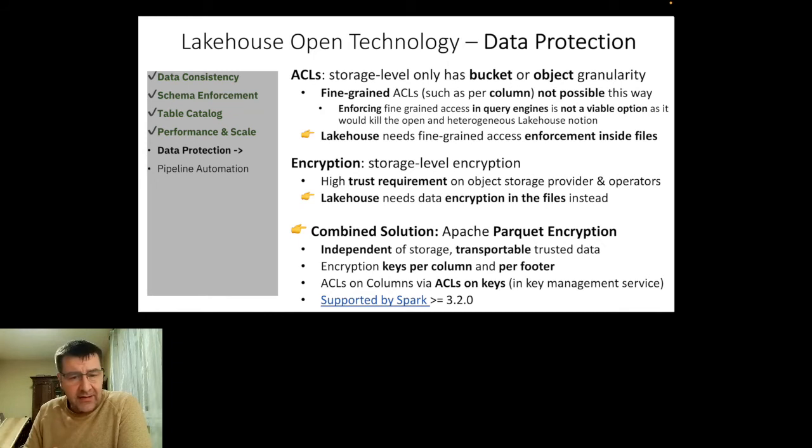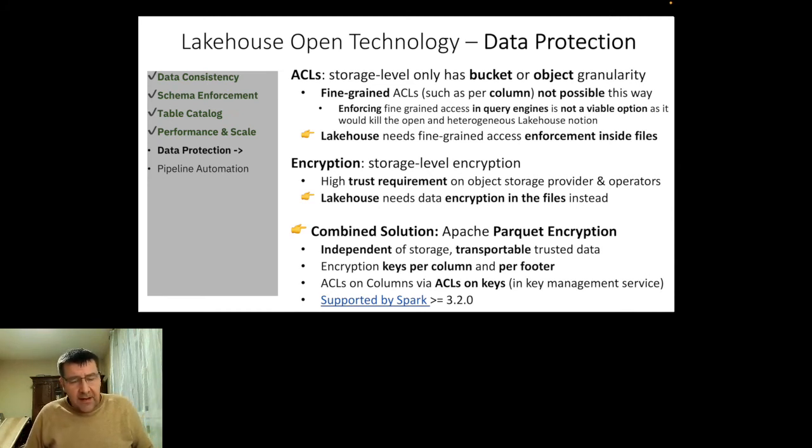And the combined solution for both of that, which is available and emerging, is encryption in Parquet. It's part of the open Parquet standard called Apache Parquet Encryption, sometimes also called Parquet Modular Encryption. It's independent of the storage, it's transportable, the data is trusted, but the storage can be untrusted.